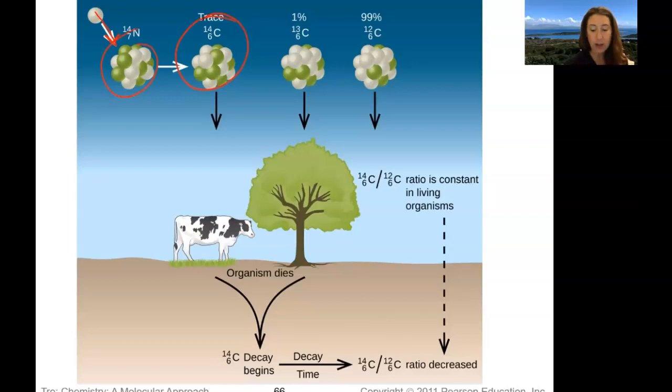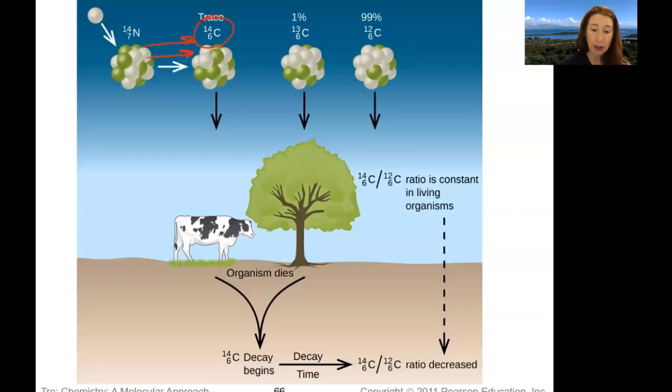So how carbon dating works is, there's a consistent and predictable amount of this. When something is living, it's continually taking up carbon-14. But when it dies, it's no longer taking up carbon-14.